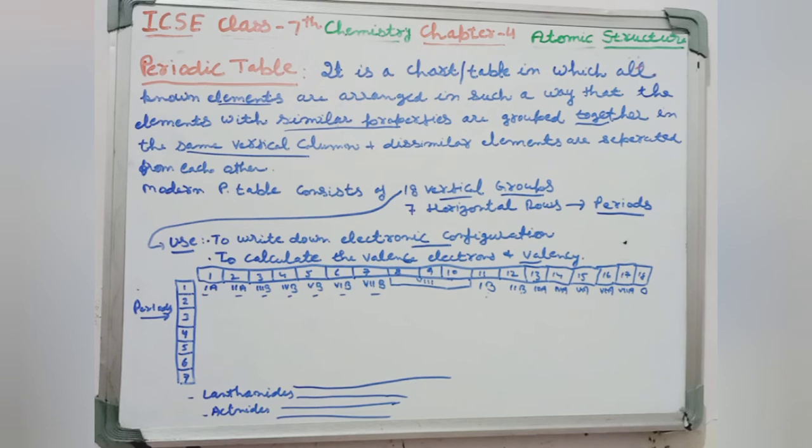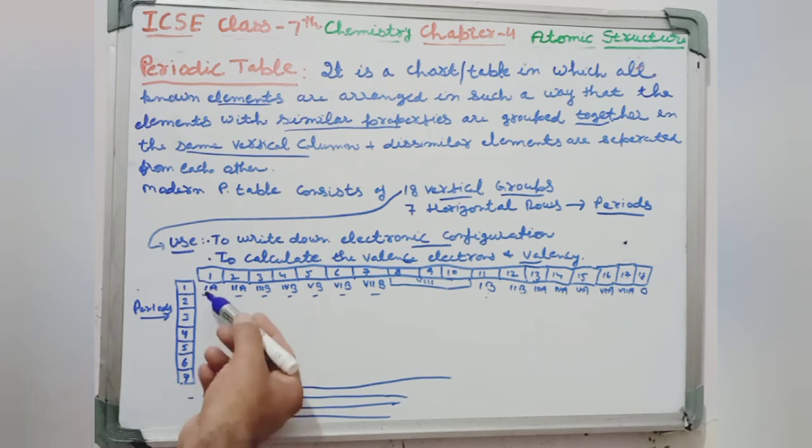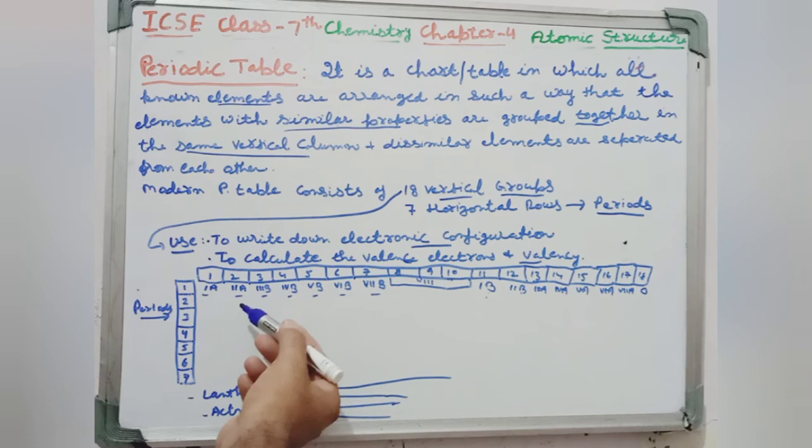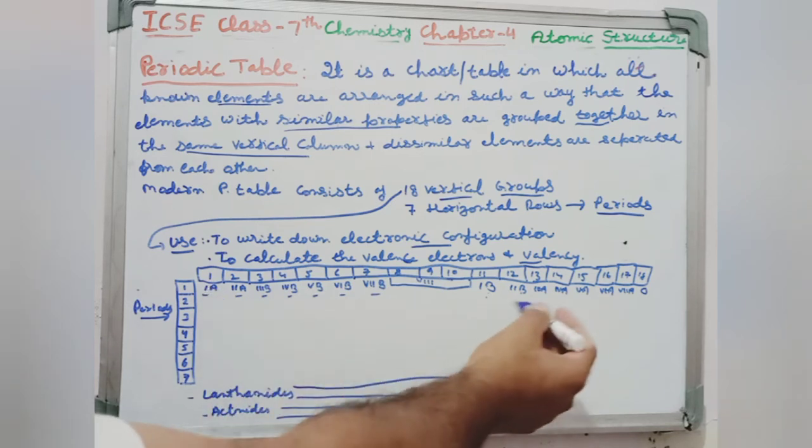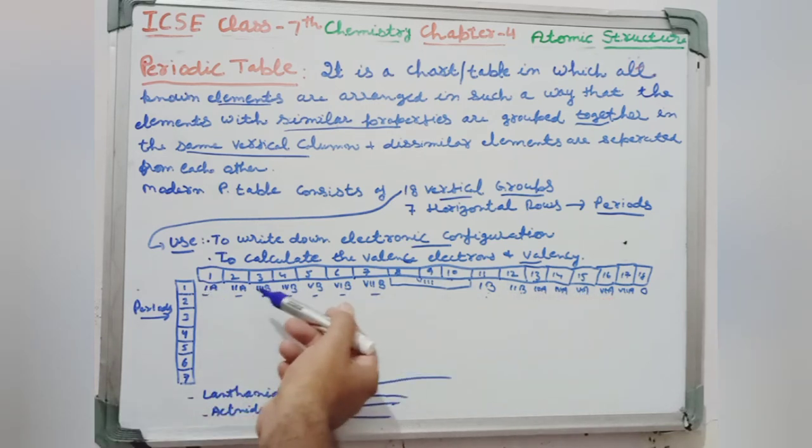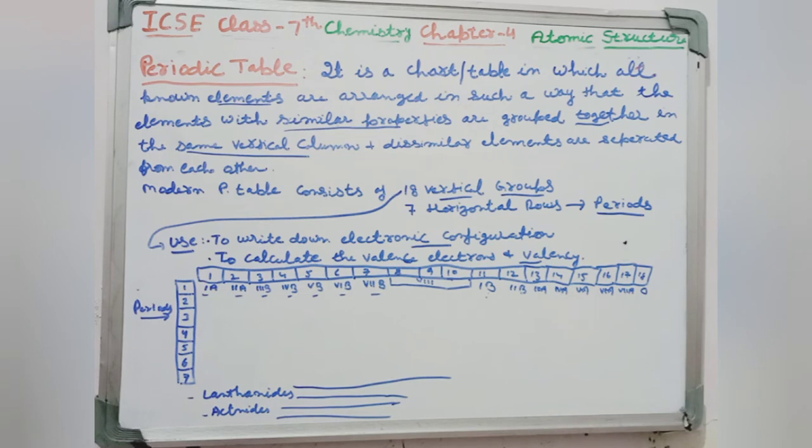So many questions would be arising in your minds. Why are these written? 1A is here, again A is here, why are they not in the A series? These are big questions which you will deal with in your higher classes.